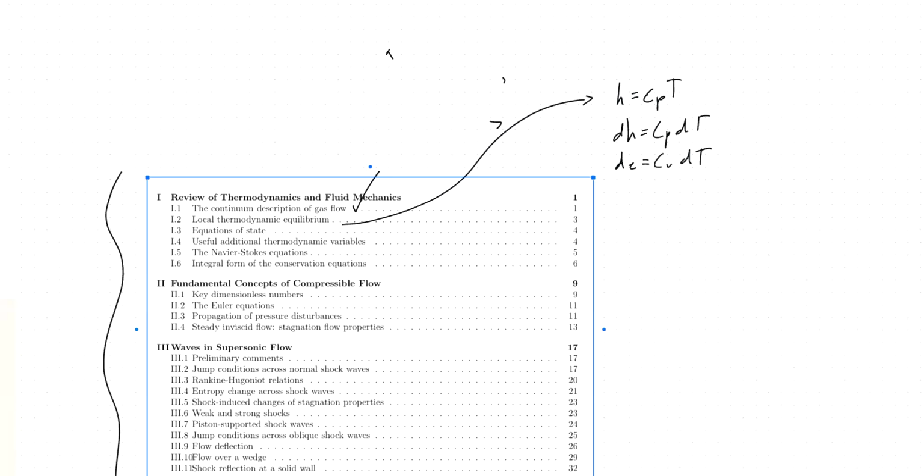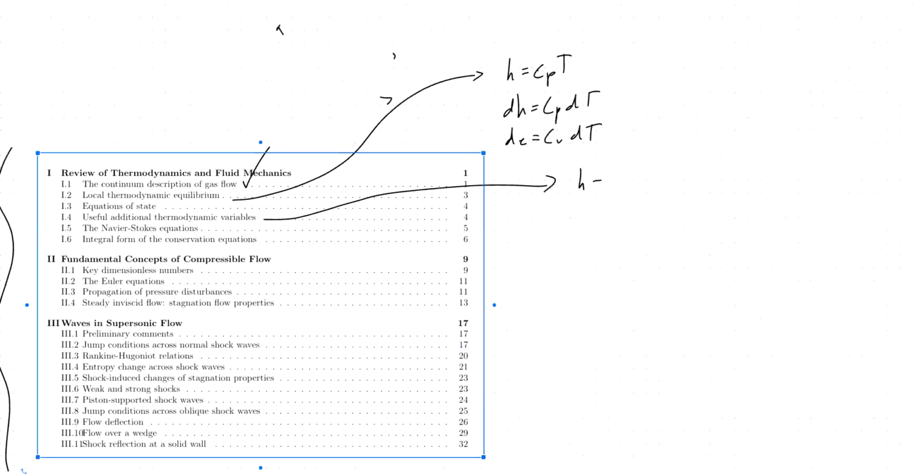Next is our useful additional thermodynamic variables. Well, there's a few thermodynamic variables. H equals E plus P over rho. Now, I cannot remember if that's minus or plus. We'll see later. If I remember correctly, this version I do remember.